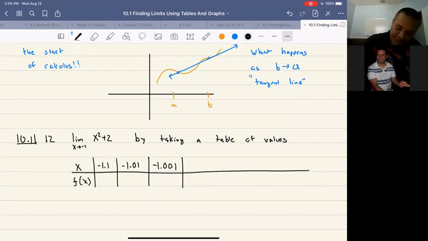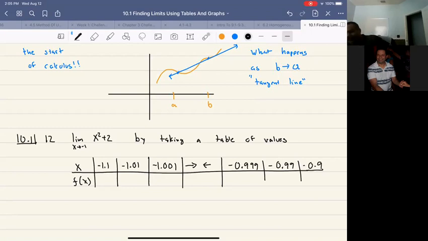We also get here, this is going to be our limit. They have this sign going in the book. Then -0.999, -0.99, -0.9. Okay, so I'm going to get myself a calculator here.